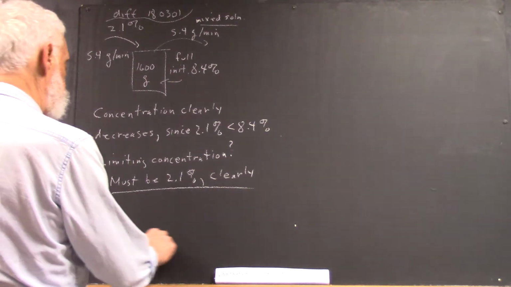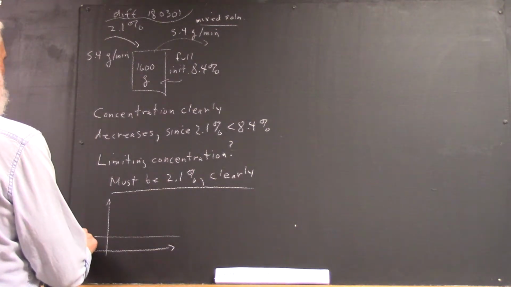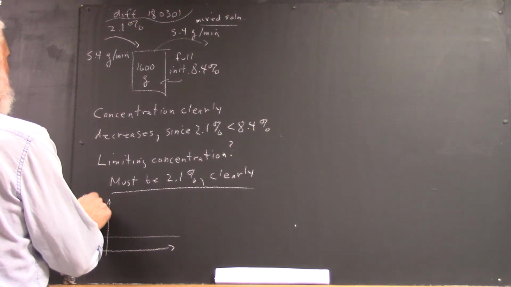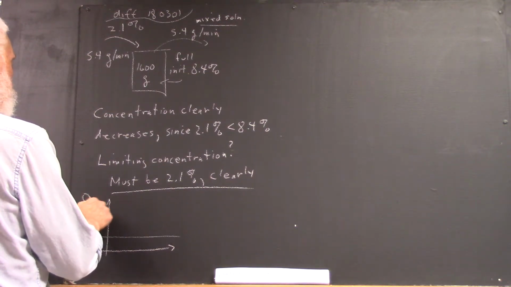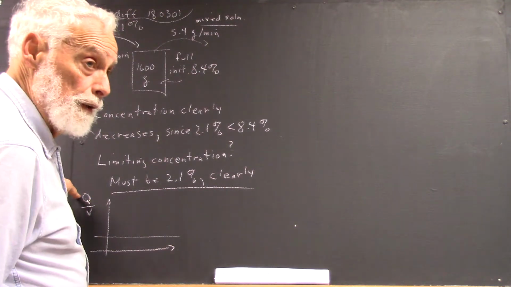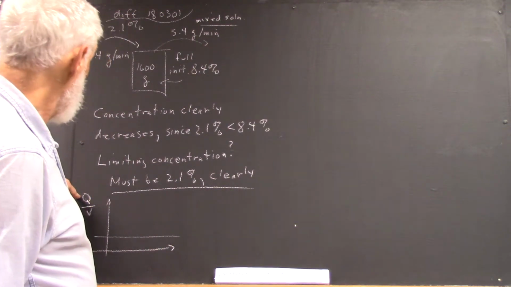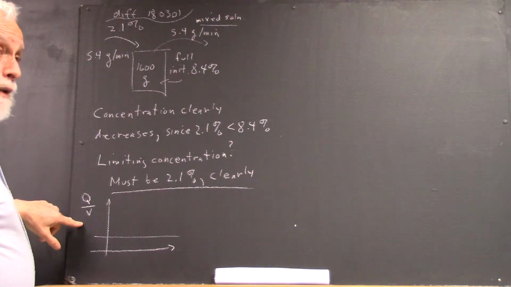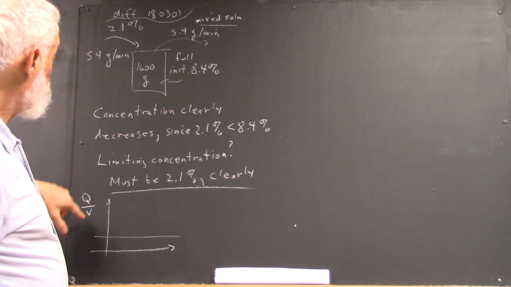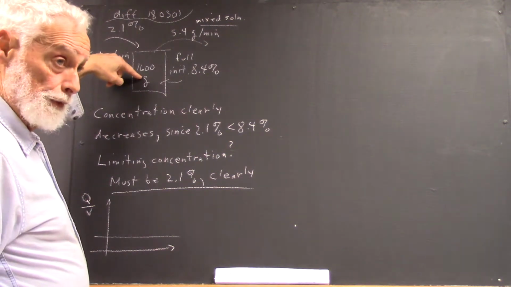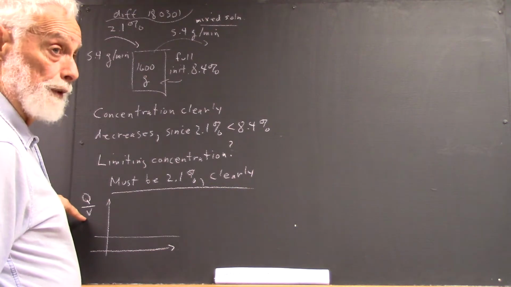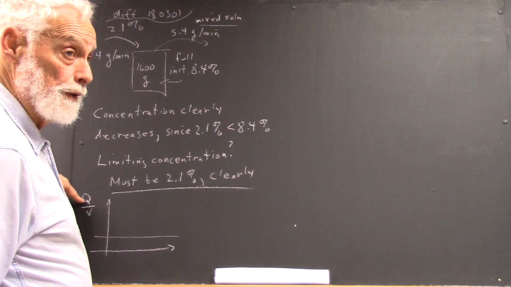Another thing you're going to expect is, we'll call this Q over V, the quantity of solute divided by the volume, right? The volume's always going to be 1,600 gallons, so this is going to be a constant, but the Q is going to change.